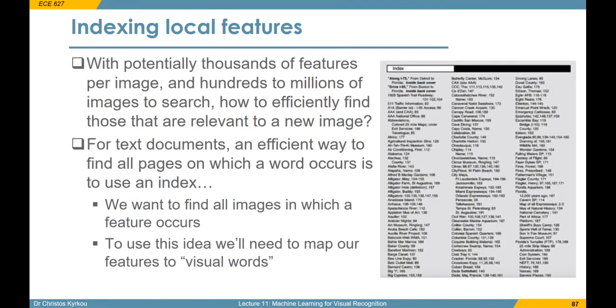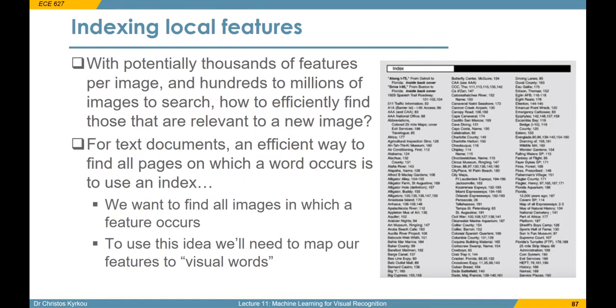So to make the system more efficient, we can take inspiration from other domains, for example how documents do text processing and try to match similarities of different documents. For text, an efficient way to find the pages where a word occurs is to use an index.